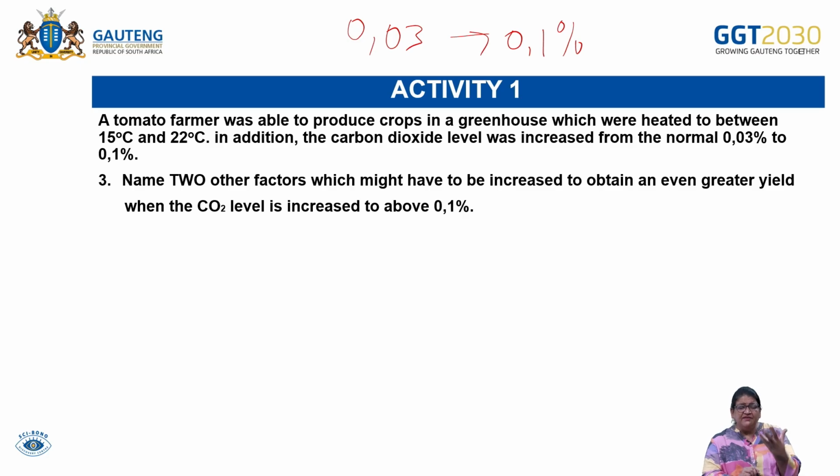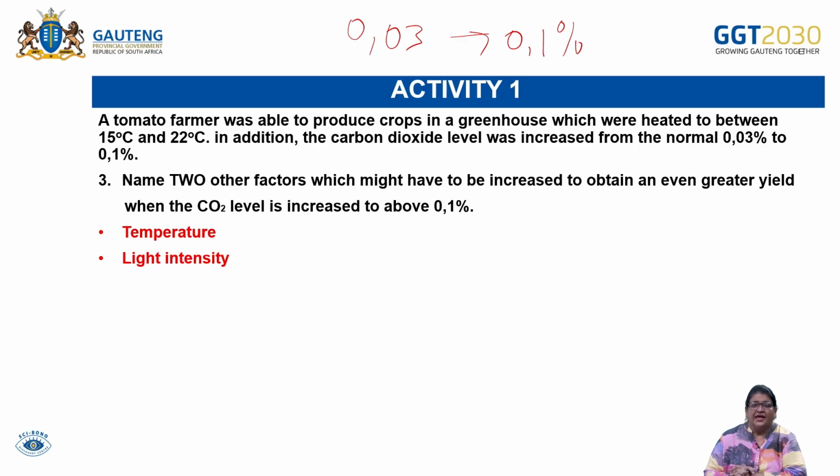Can I only give the plant a lot of CO2? No, because CO2 is not the only factor for photosynthesis. What other factor must you ensure? If you're increasing CO2, you must also increase what? Light, good, and temperature. So you must increase the temperature, because if you only give it lots of CO2, then temperature and light are going to be what?